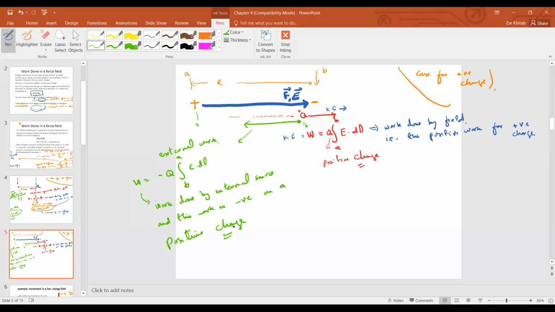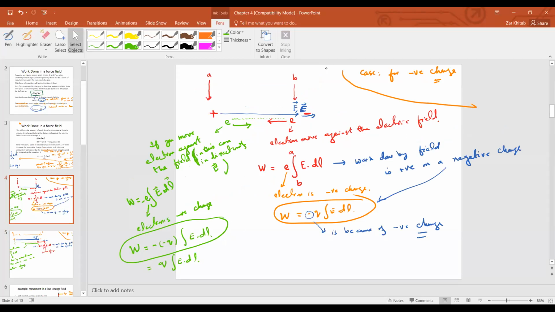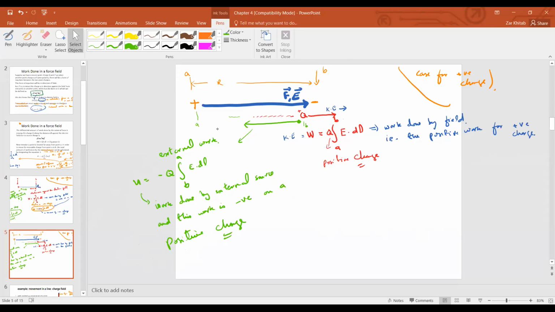Is this clear now? Can you see the difference? A little twist. Can you recognize these two cases now, the case for the negative charge and the case for the positive charge?